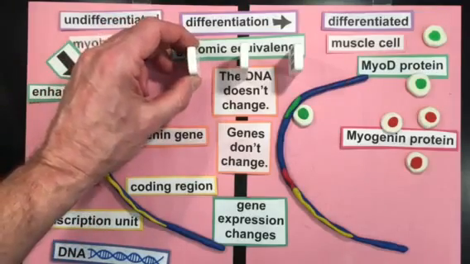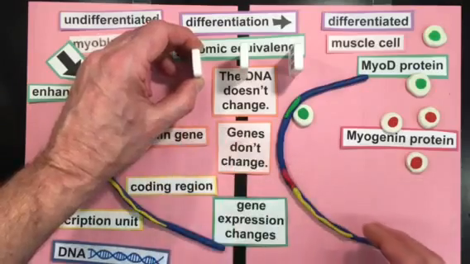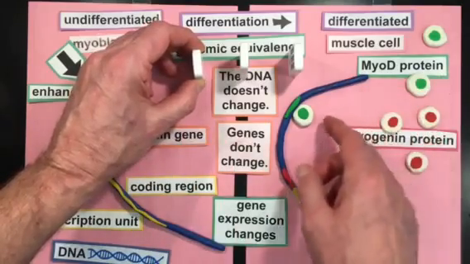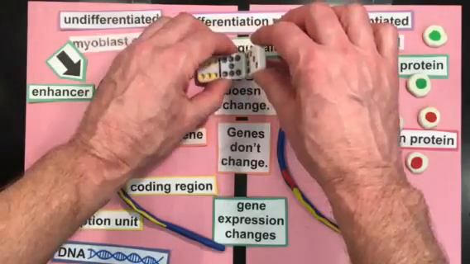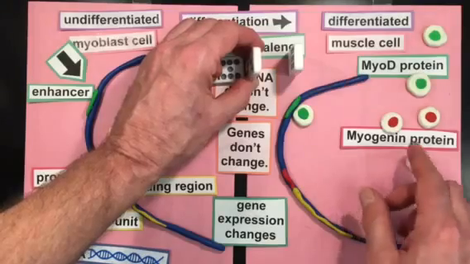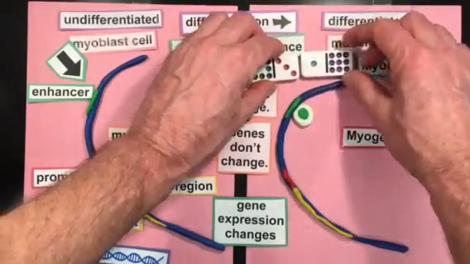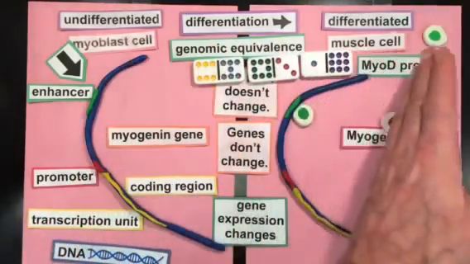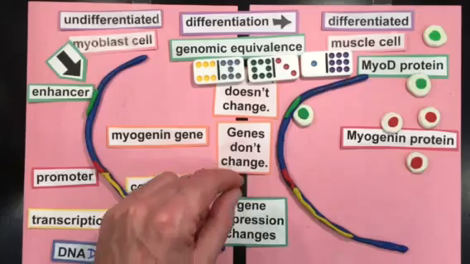Here, the first domino is the MyoD protein, which is newly made early in muscle differentiation, and the MyoD protein binds to the enhancer of the myogenin gene and activates expression of myogenin. That leads to the production of myogenin protein, which binds to the enhancer of other genes and activates their expression. And as a result, we get a cascade of new gene expression that leads to muscle differentiation.